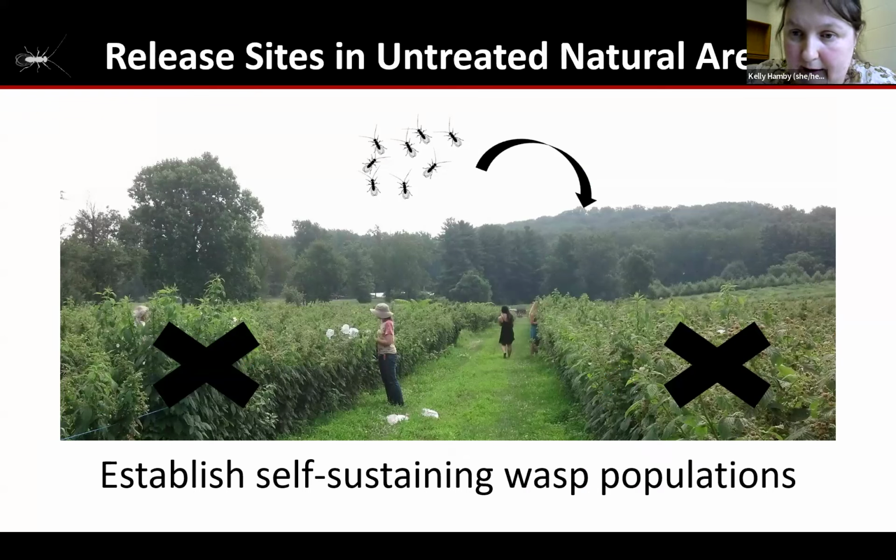As I mentioned, because we're potentially going to be spraying commercial crops, we want to establish them in the woods, in all of these non-crop hosts like honeysuckles and mulberries that they're feeding on and doing well on. The wasps can go and find them in the woods. And hopefully that will help reduce the population in the early spring and in all of these places where we can't control them.